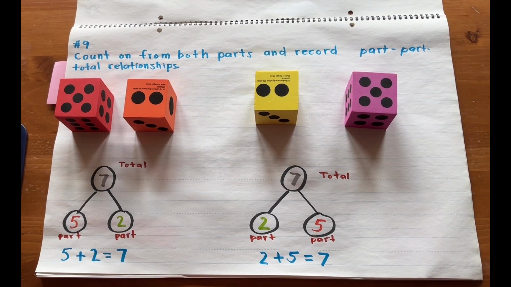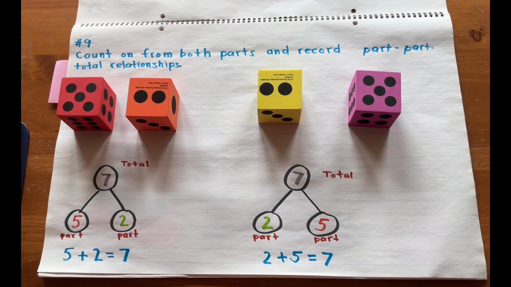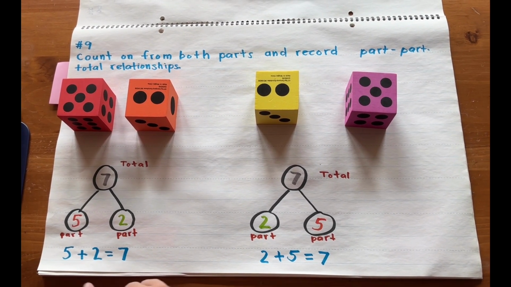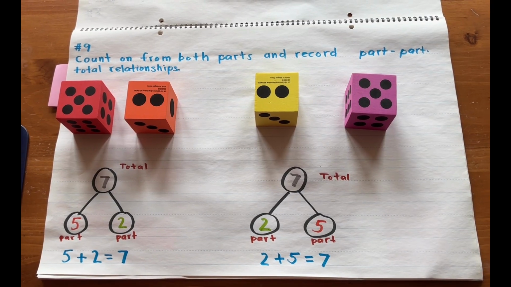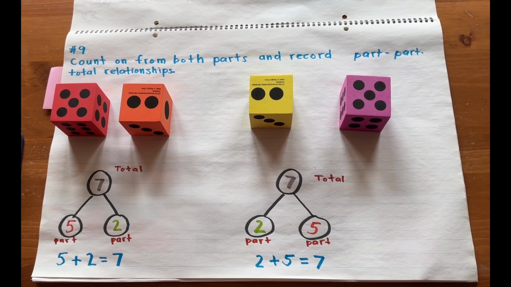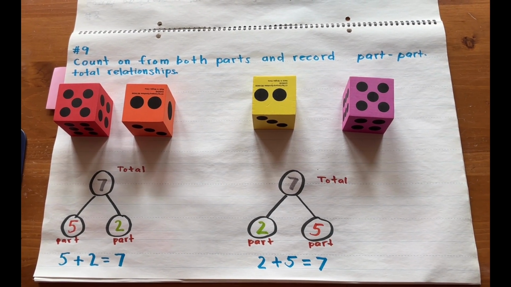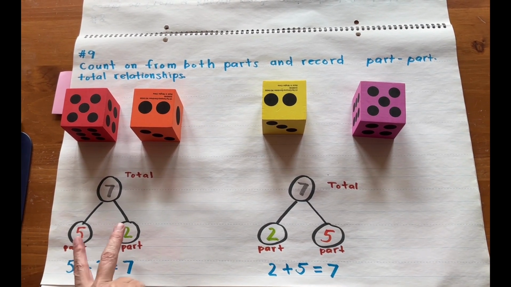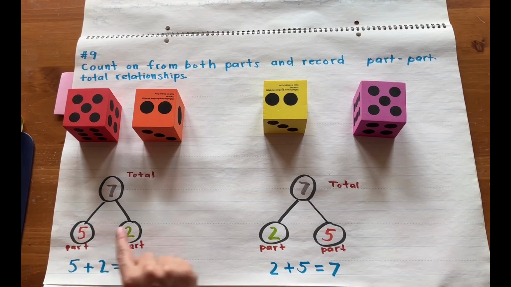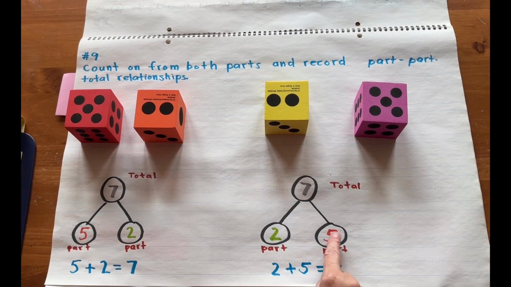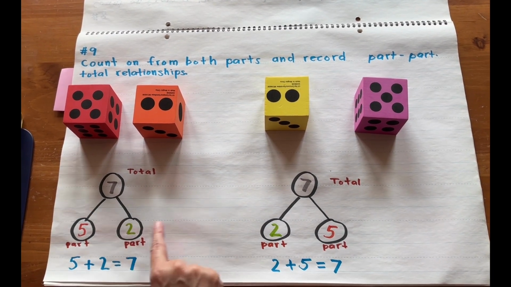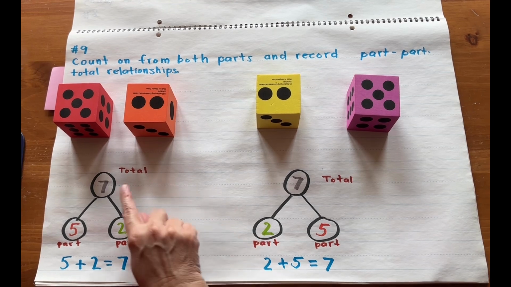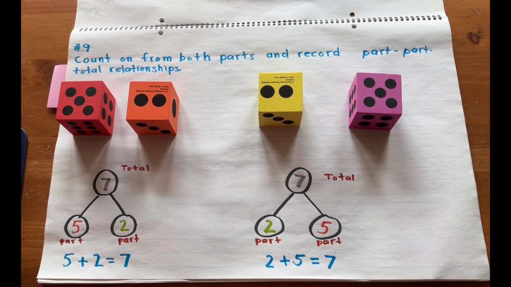Why do we get the same total no matter which part we start with? Yes, we get the same total because the two parts are the same. We have part 5, part 2, total 7.